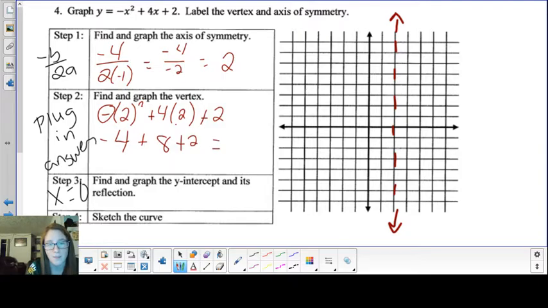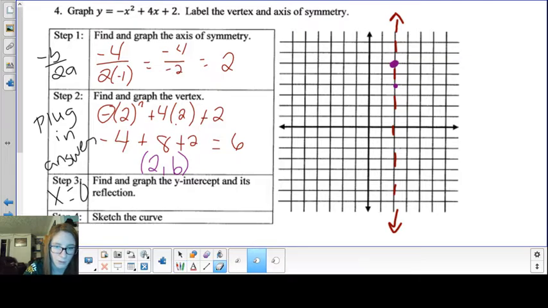Negative 4 plus 8 is 4, plus 2 more is 6. So I have the point at, I'm going to switch colors here so I can see it, 2 up 6. 1, 2, 3, 4, 5, 6. Sorry, I prematurely put that little dot there. I was counting.